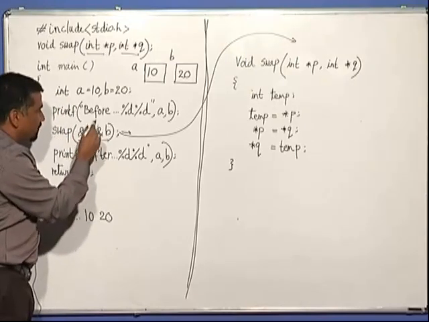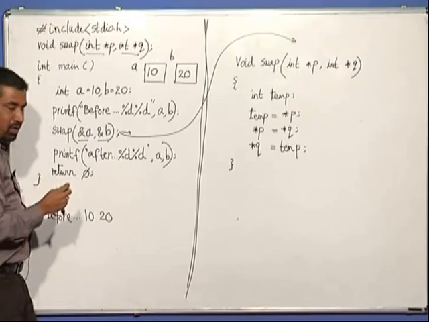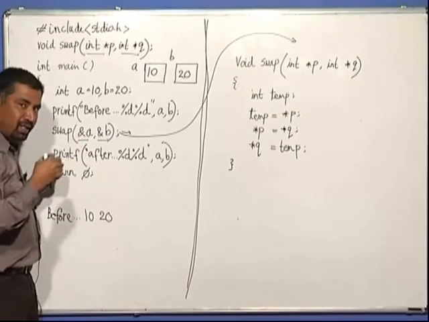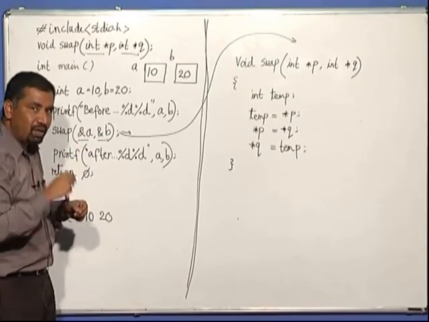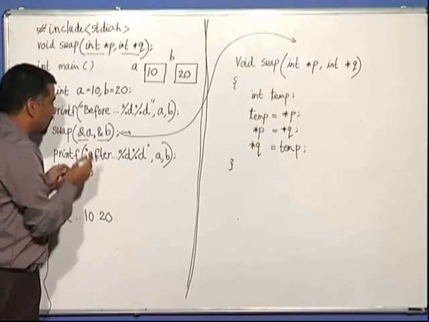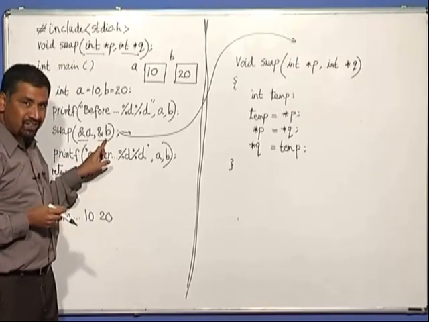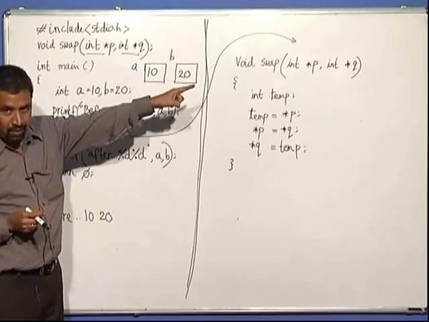The swap function call is now made with ampersand A comma ampersand B. What do they signify? Read it in English. Ampersand is nothing but address of. So what is the first argument here? Address of A. What is the second argument? Address of B. You are sending them there.